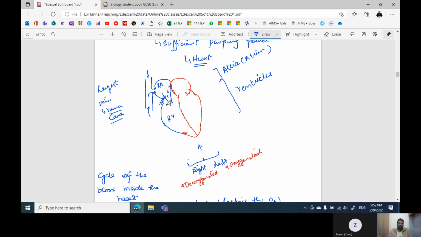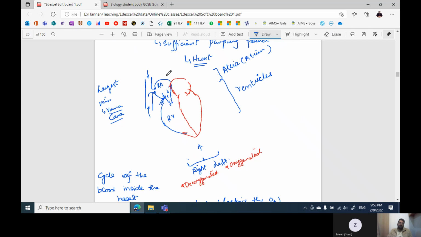Let's continue the topic. If the blood that has reached the right atrium is now pushed to the right ventricle, what is the next destination? The next step is to oxygenate this blood, because this blood is going towards the lungs. So the purpose is to oxygenate this blood so that it can come back to the heart.